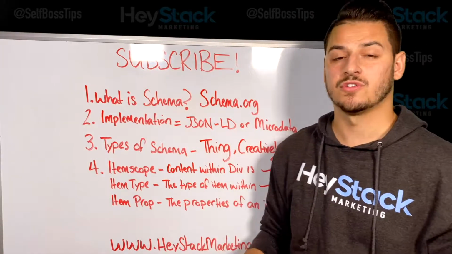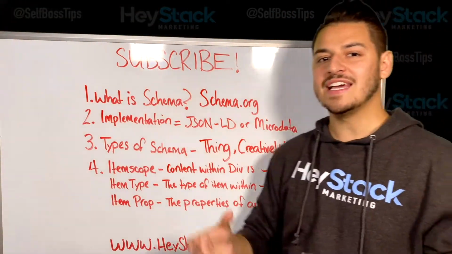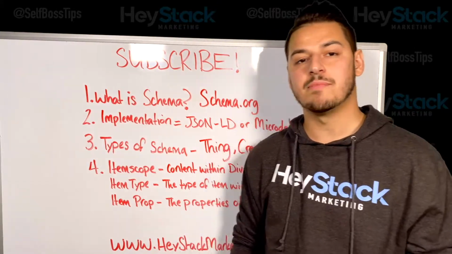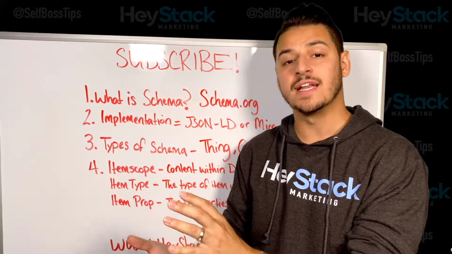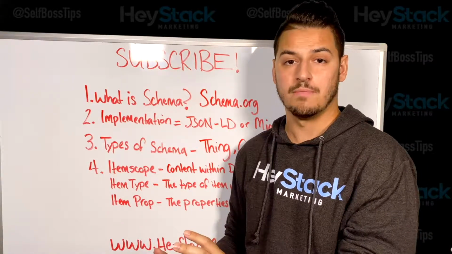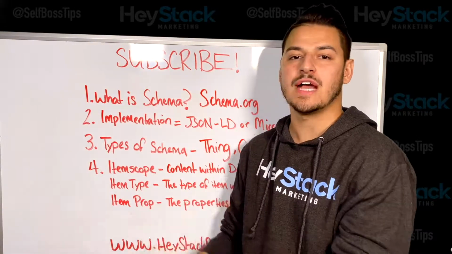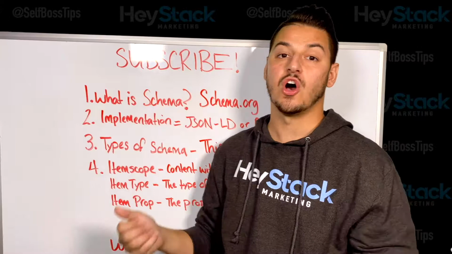I'm sure there are some great tutorials out there on how to actually write it. Then there's microdata. Microdata is in line with the HTML of the web page. It lives within the HTML that you've written, and it identifies different elements that already exist on the web page with that unique vocabulary that schema.org references on their website.